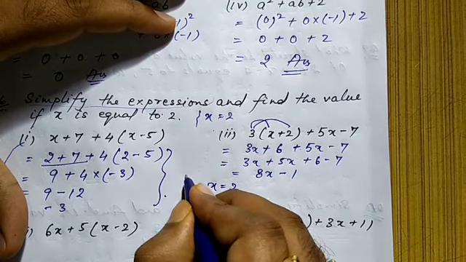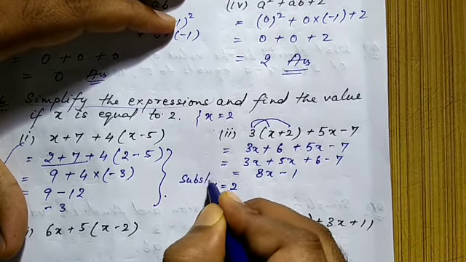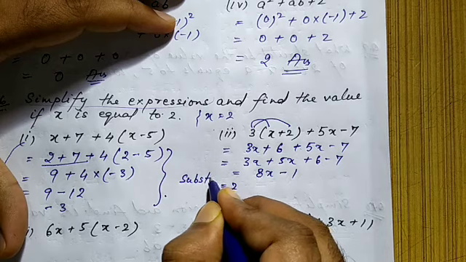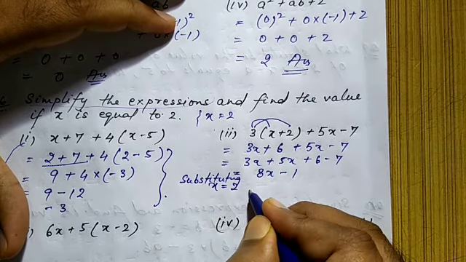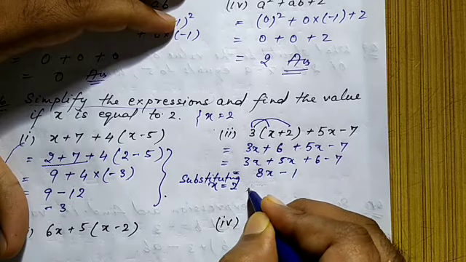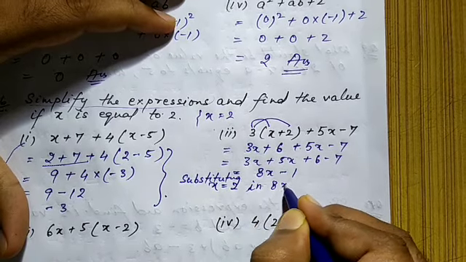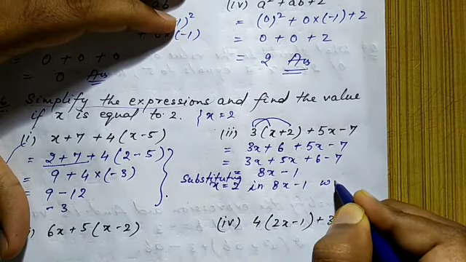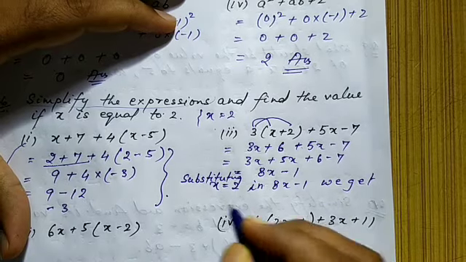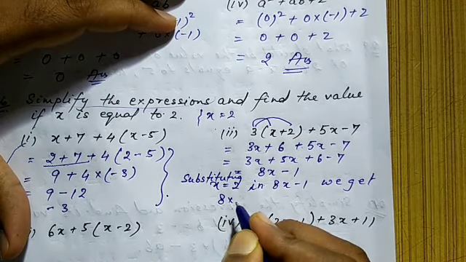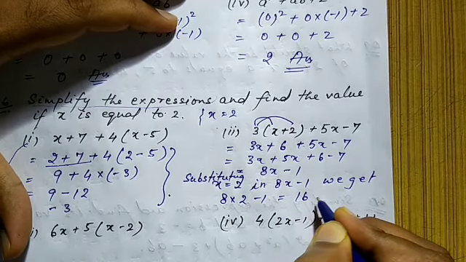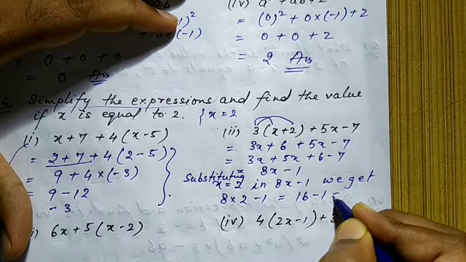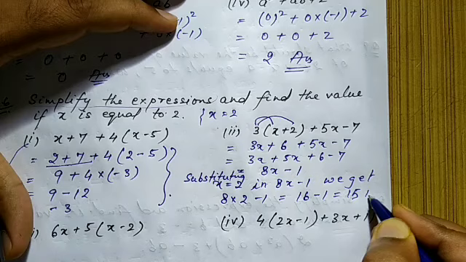Okay, substituting x is equal to 2 in 8x minus 1, we get 8 into 2 minus 1, this becomes 16 minus 1, so the answer is 15.